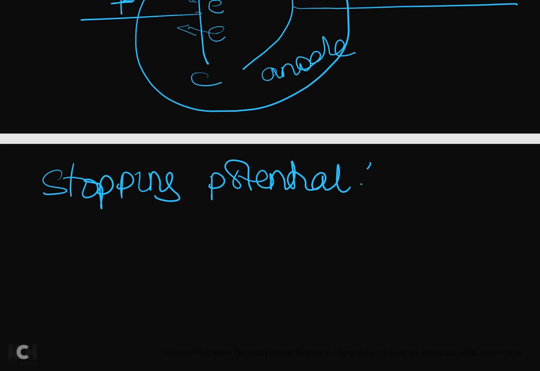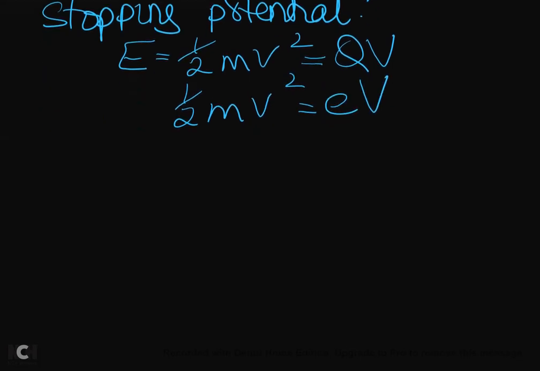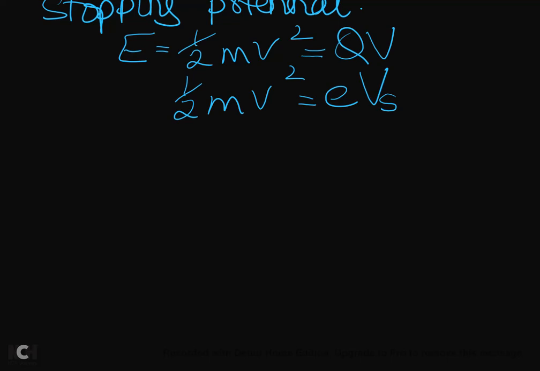And we consider now that the energy is half mv squared. But that energy is also needed to cross the gap between the cathode and the anode. And we use the equation E equals QV. So if I equate those two, I have half mv squared, talking about electrons, equals eVs.